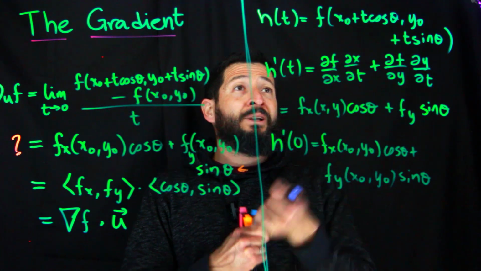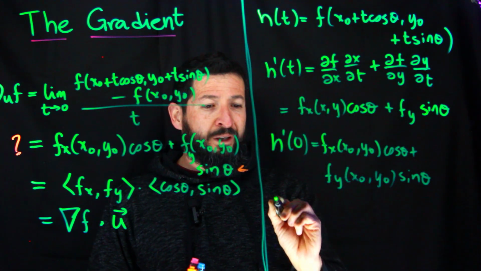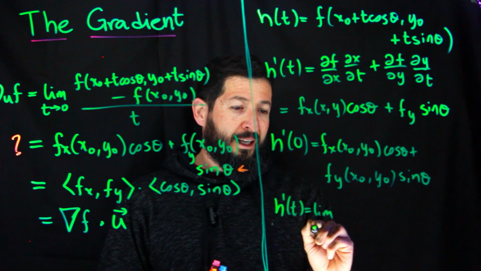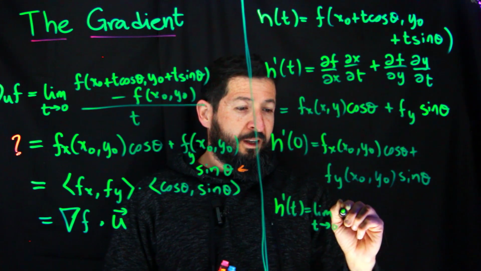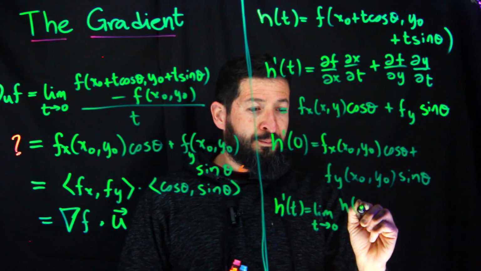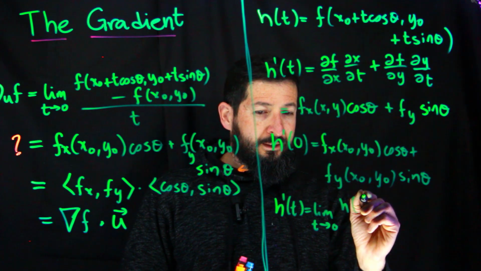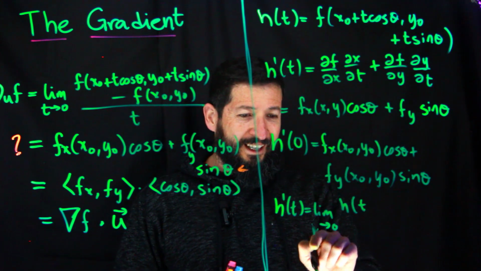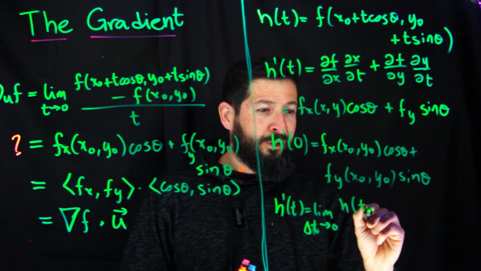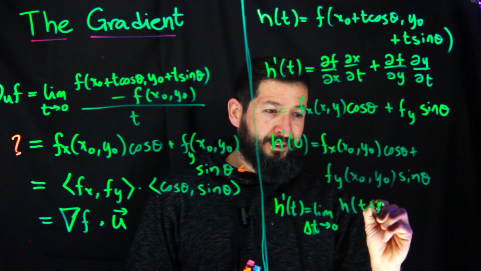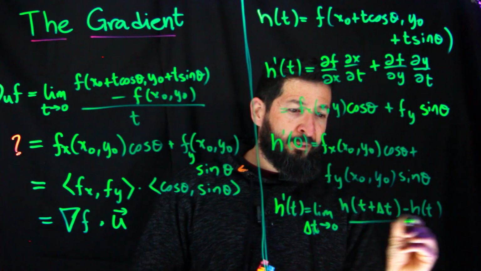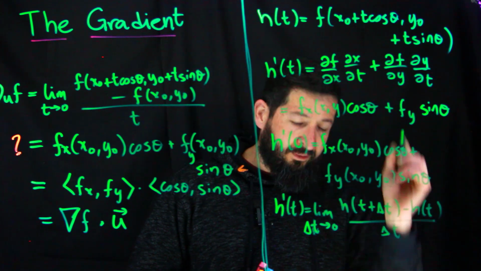Well, what would be that h prime by the definition? H prime would be the limit as delta t goes to 0 of h of t plus delta t minus h of t, divided by delta t.